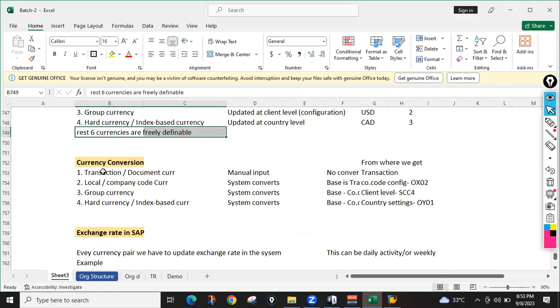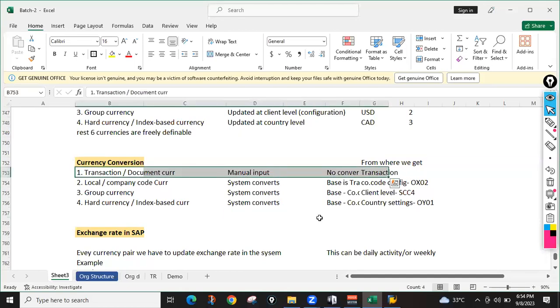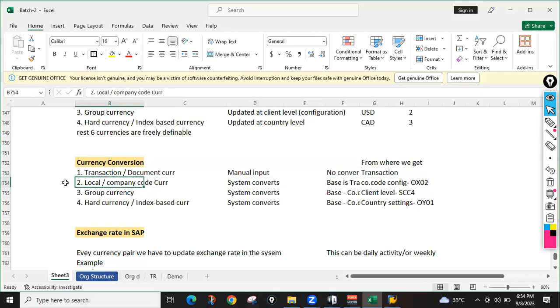Then how the currency conversion happens, we learned it. It is not something where you can give anything. Transaction currency is free, it can be anything, so there is no conversion for this. But for local currency, the system derives it from the company code definition we do in OX02.